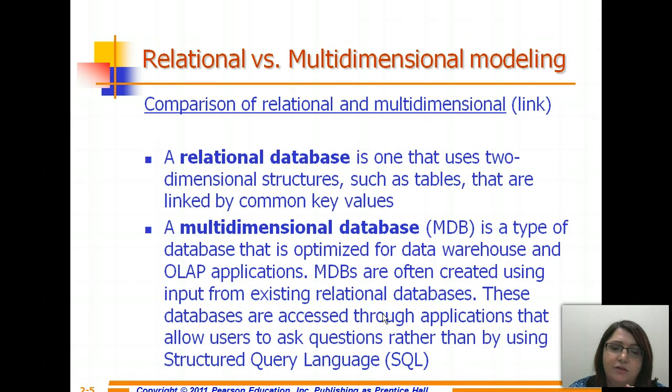All right, so a relational database is one that uses 2 dimensions, just tables, and they're usually linked by common values. So like when you go into Access and you link tables, that's usually a relational database. Multi-dimensional databases are optimized for data warehouses and online analytical processing systems.